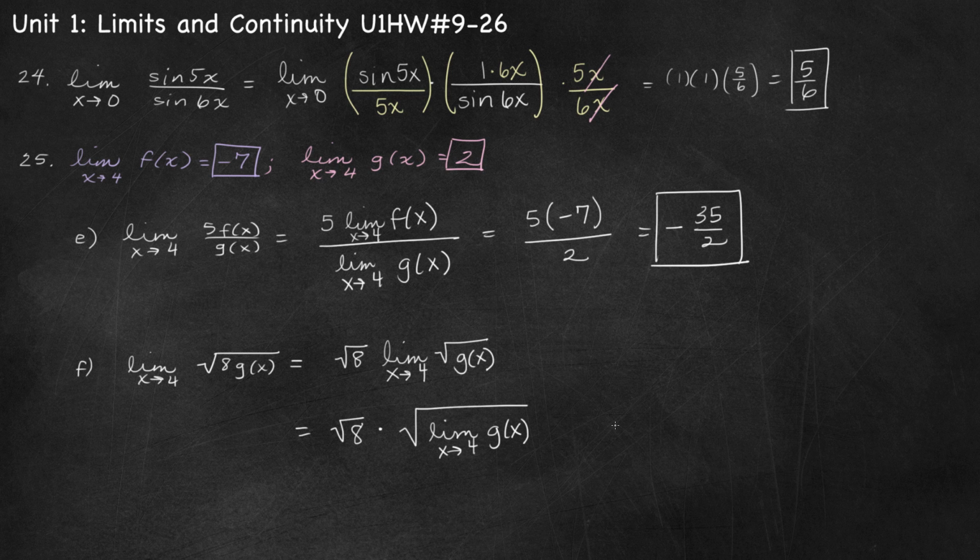So here is an example where we have the limit of a function is equal to, I guess you could say, the function of the limit. They can sort of switch places. So we have square root of 8 times the square root of 2, or square root of 16, which is 4.